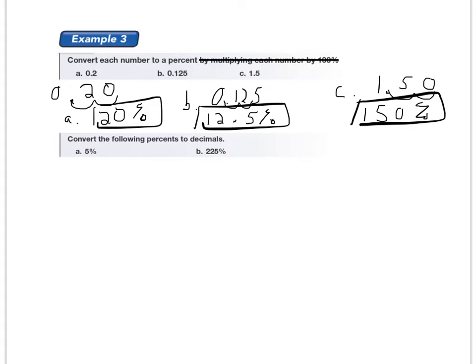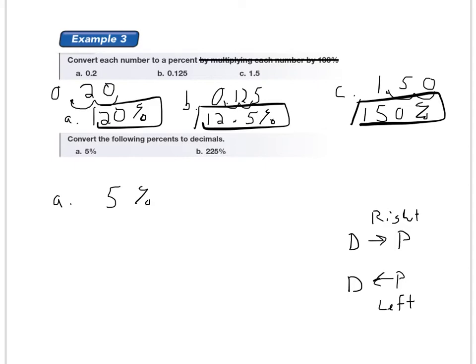So when we go from decimal to percent, we move the decimal to the right. And when we want to go the other way, percent to decimal, we move it to the left. So in letter A, notice I've got 5%.